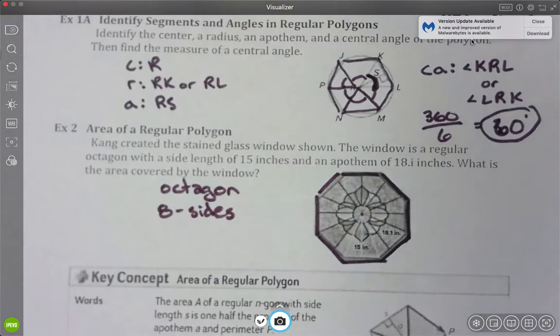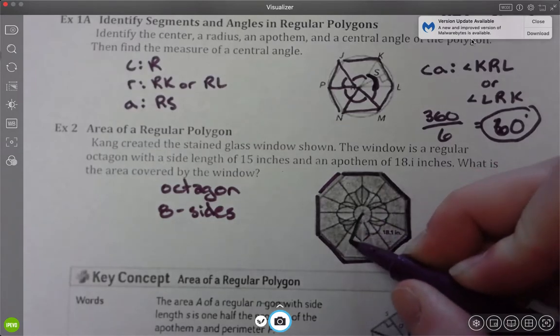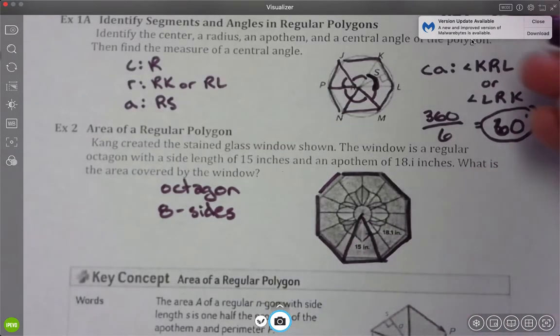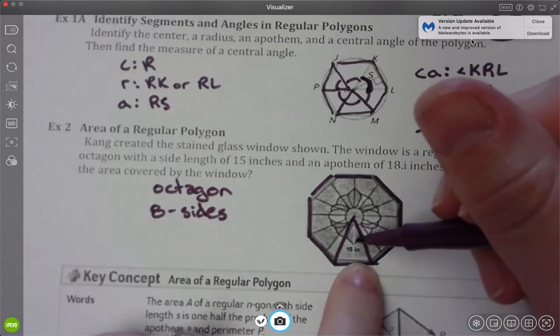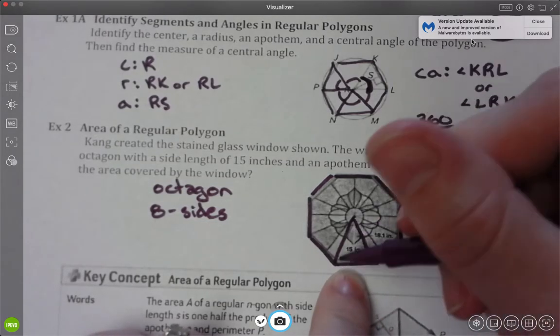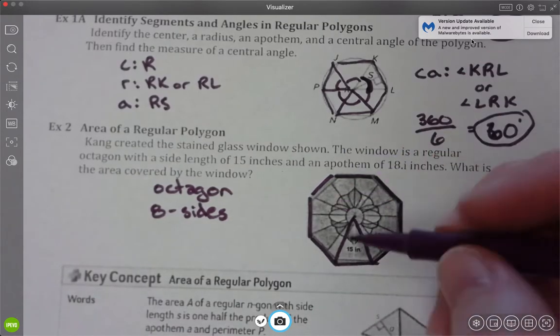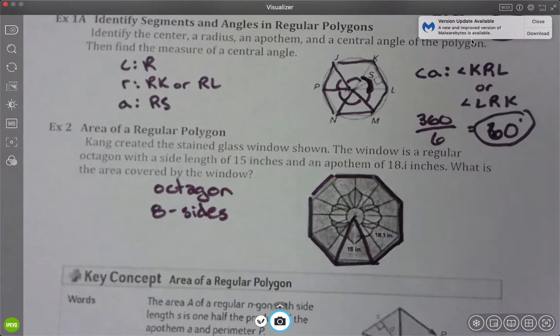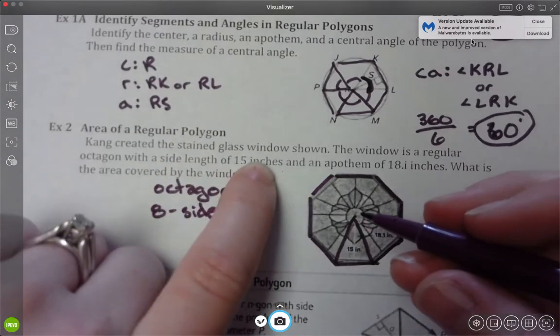If we're trying to find the area, they have this labeled out here, where I have this bottom section, kind of like a piece of a pie. This is a triangular shape, and if we find the area of this triangle and multiply that by 8, that will give us what we want. They're telling us that the side length is 15 inches.